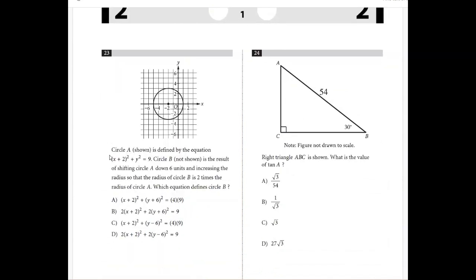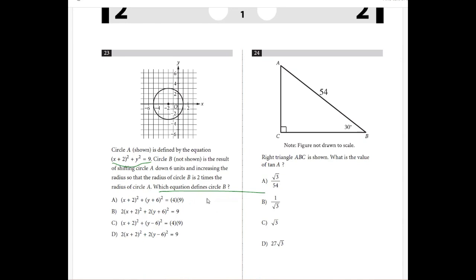Circle A is defined by the equation. This circle B, not shown, is a result of shifting circle A down 6 units and increasing the radius so that the radius of circle B is 2 times the radius of A. Which equation defines circle B?